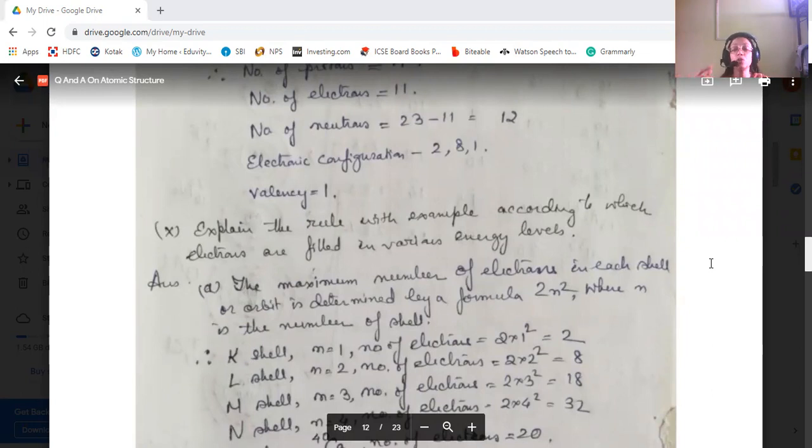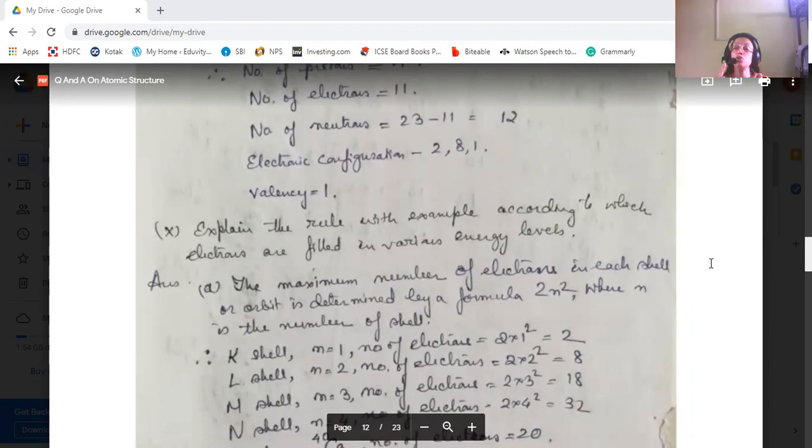That means if it is the first shell, K shell, then the number of electrons will be 2 into 1 square, that is 2 into 1, which is equal to 2. So number of electrons will be 2.